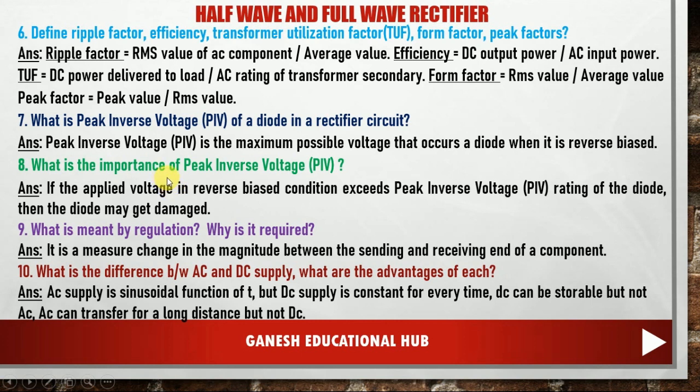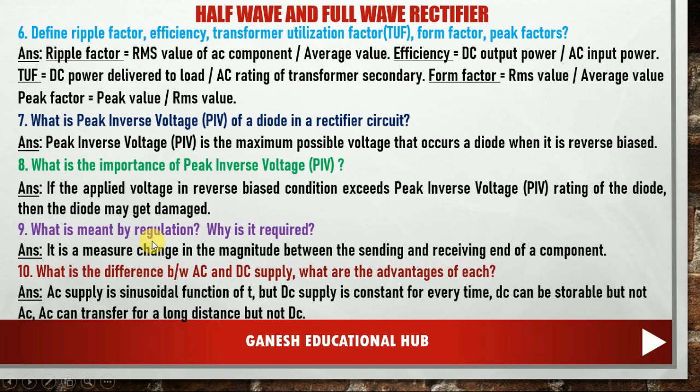What is the importance of peak inverse voltage? If the applied voltage in reverse bias condition exceeds the peak inverse voltage rating of the diode, then the diode may get damaged.